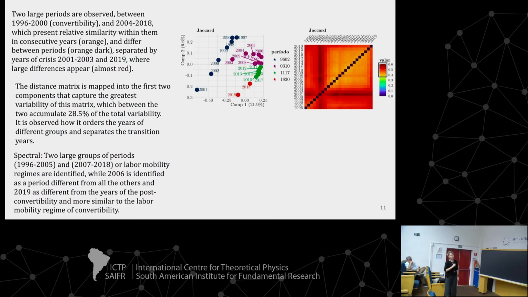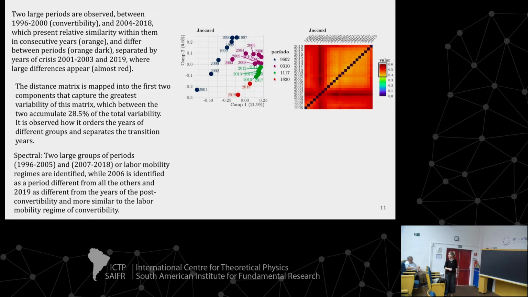This had to appear afterwards, but anyway. So for example, this is the Jaccard matrix, the Jaccard distance. So what do I draw here? Here we have 24 years from 96 to 2019, and here as well, yes? So what do I observe here? I see that clearly we have two large periods separated.